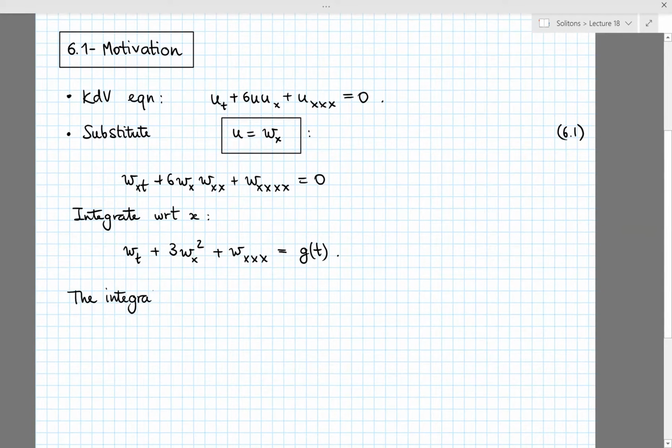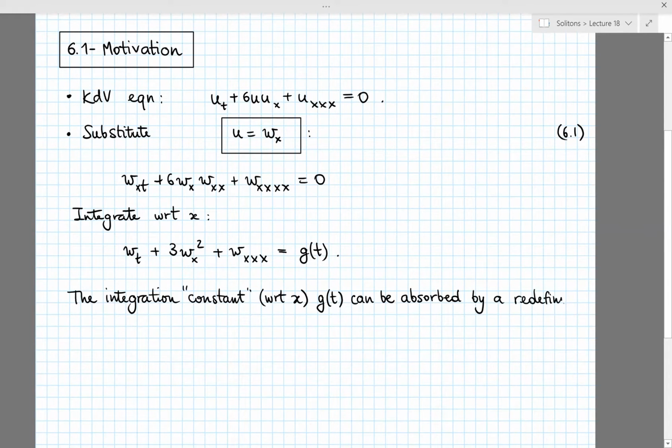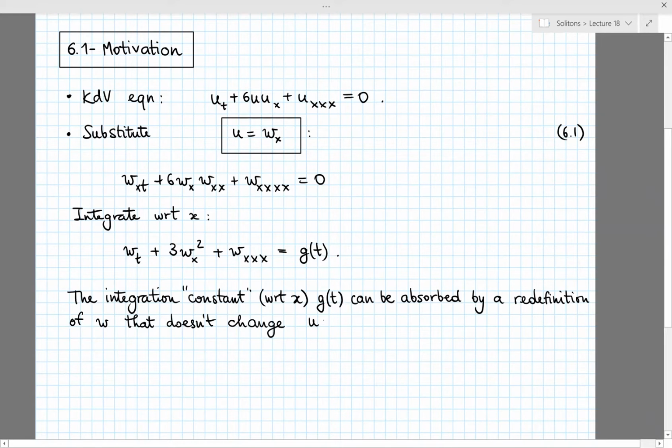So the integration constant, which I write in quotes because it's only constant with respect to x, but not with respect to t, g of t, can be absorbed by a redefinition of w that doesn't change the KdV field u, which is the x derivative of w.